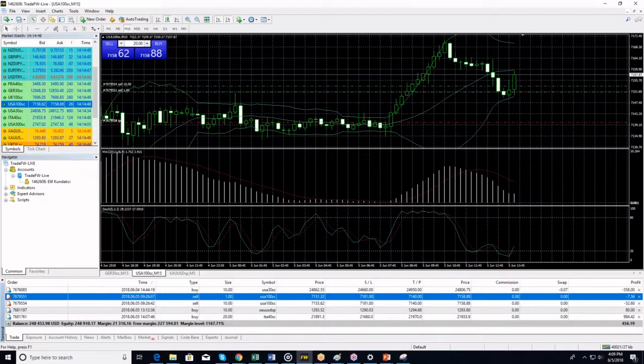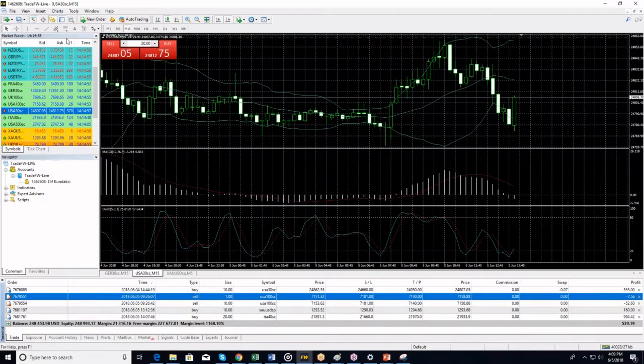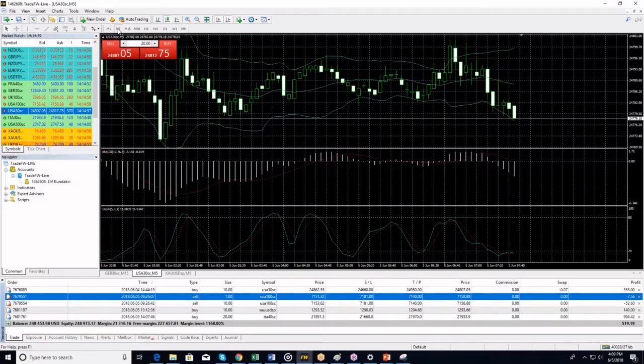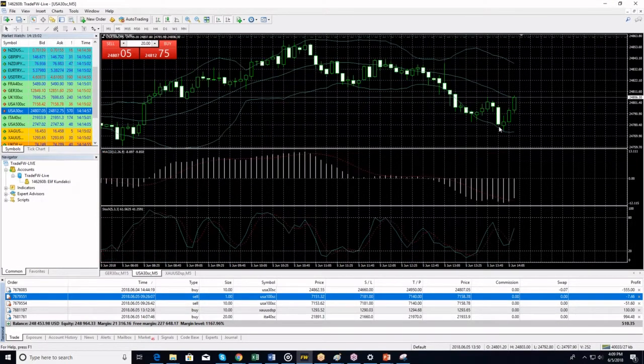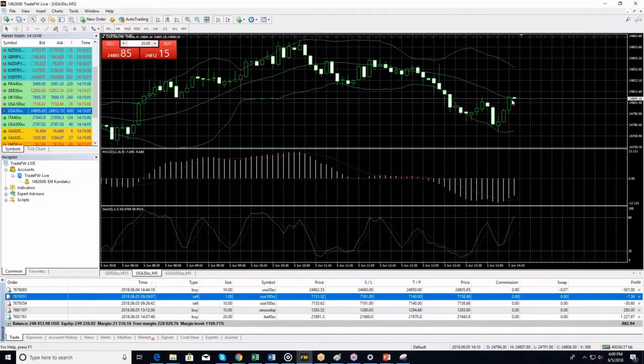At the same time, Dow Jones, let's have a look at Dow Jones. Also here we had a nice entry point. Let's see if we are too late. Oh, this was nice, and we missed the opportunity. You see it hit the lower Bollinger Band over here.